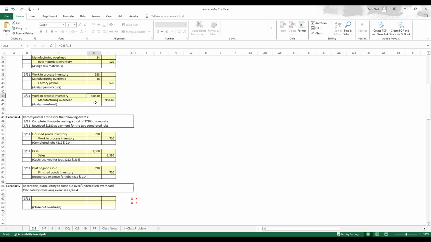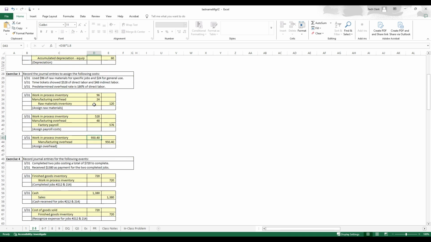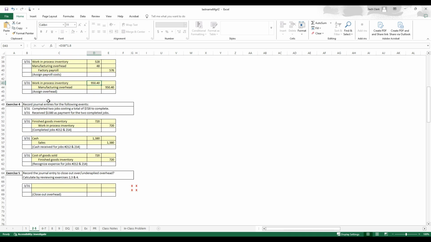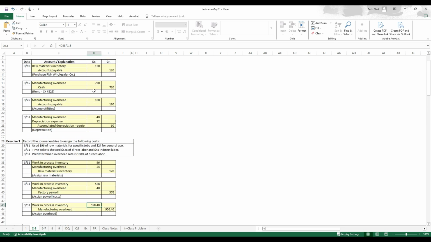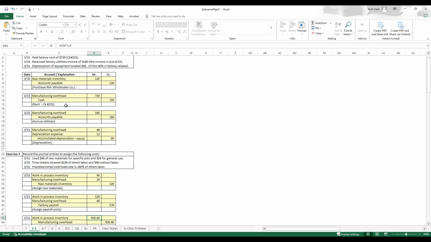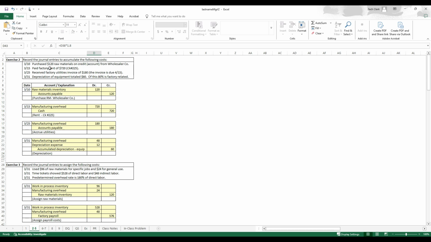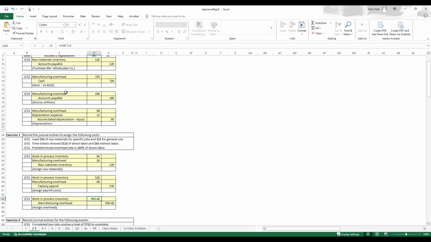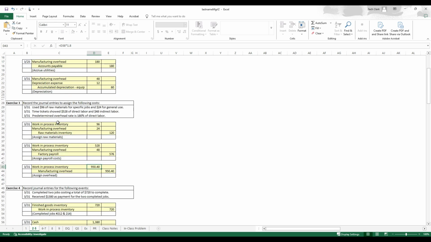So that's just moving through the whole process of all those costs from production into overhead, raw materials inventory purchase, and then the direct labor portion of it down here, and the manufacturing indirect and direct labor portion there.